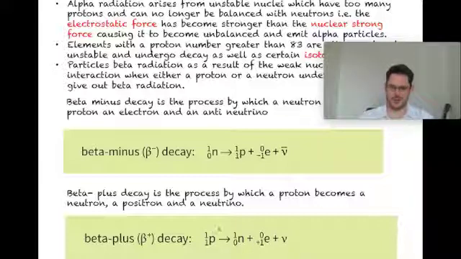It's giving up the positive charge by giving out a positron. But we can't just give out a lepton. We need to balance that with another lepton, which is what we call the neutrino in this case, bearing in mind that a positron is an antineutrino. And there we have it.